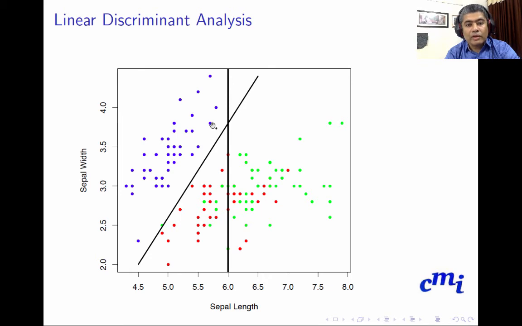Any new point you take, if that point belongs to this region, we will call it setosa. Any point that belongs to this region, we will call it, say, versicolor, whereas any point that belongs to this region, we will call it virginica. So this is how typical linear discriminant analysis goes.